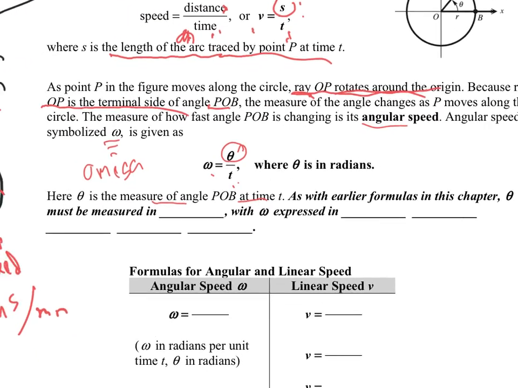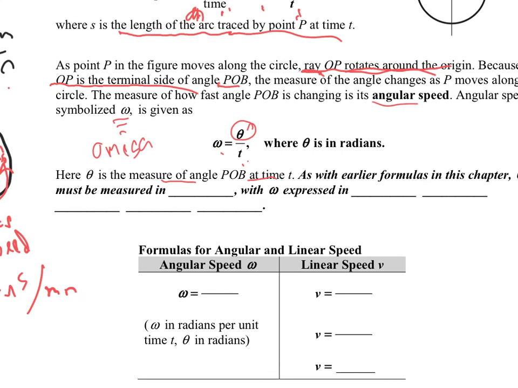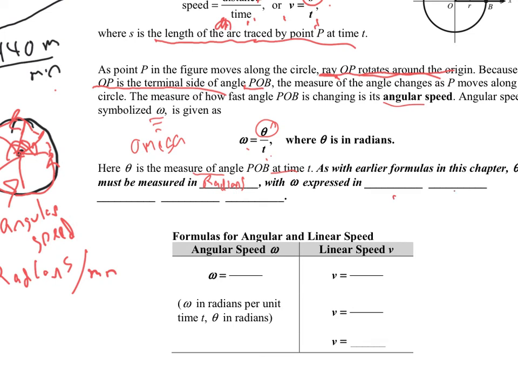With the earlier formulas in the chapter, theta must be measured in radians right now, with omega expressed in the number of radians per unit of time.